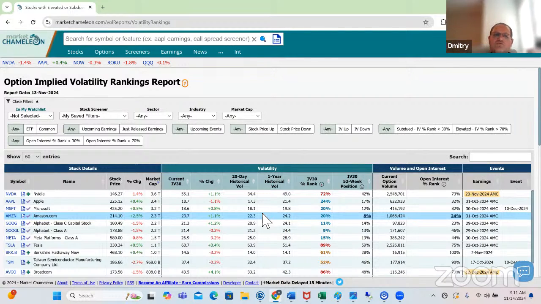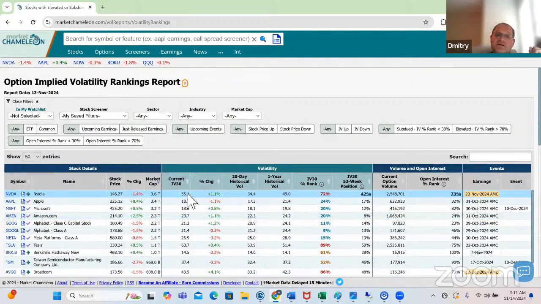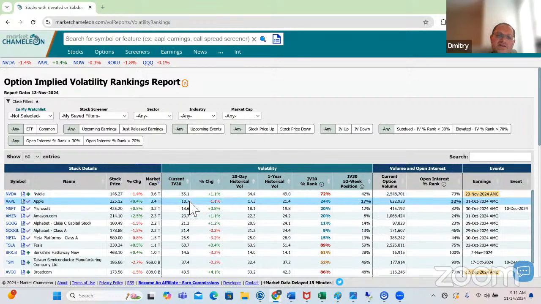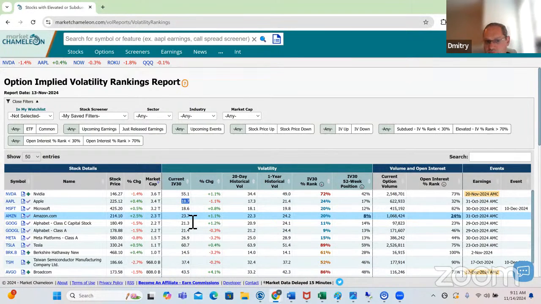So NVIDIA right now has an implied volatility of 55, and Apple has an implied volatility of 18.7. So we know NVIDIA's implied volatility is higher, but that doesn't necessarily mean that specifically for NVIDIA, this implied volatility is high. On a relative basis, for NVIDIA, it could be normal or even low.